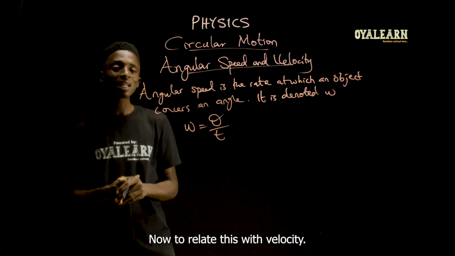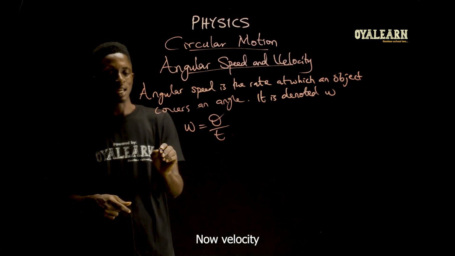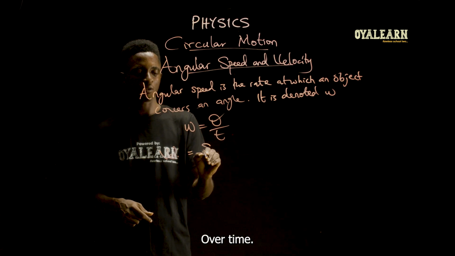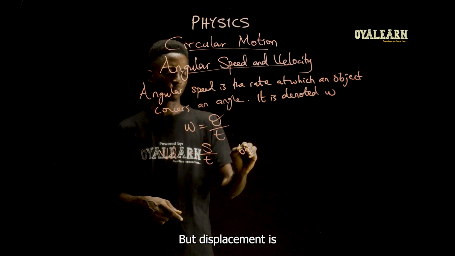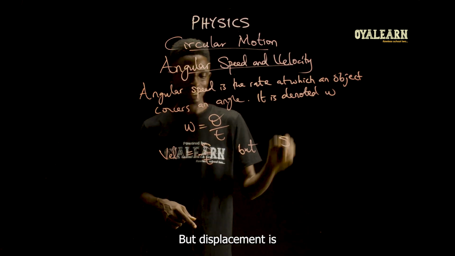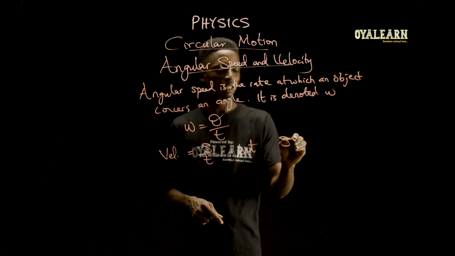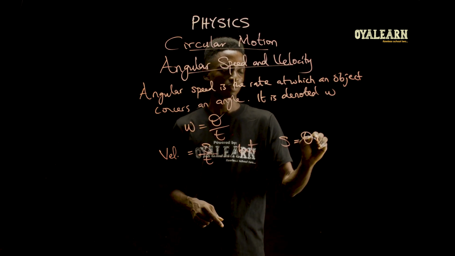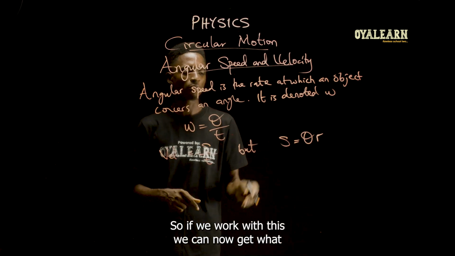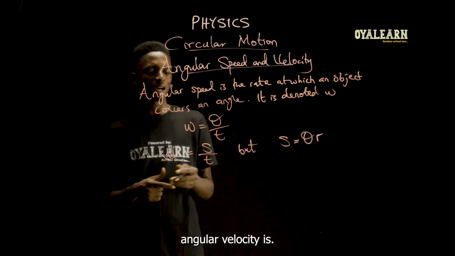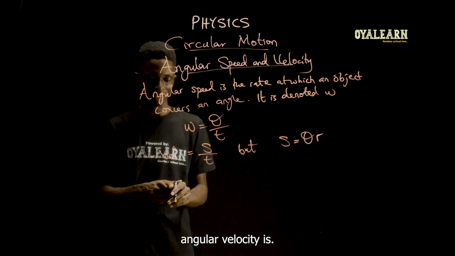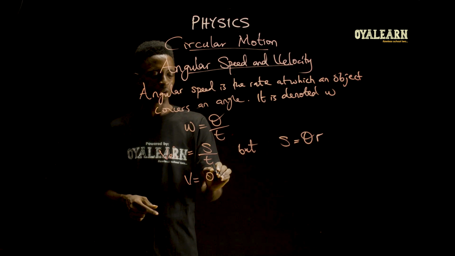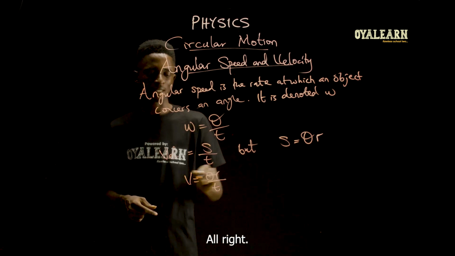Now, to relate this with velocity. Velocity is displacement s over time. But displacement s is the angle multiplied by the radius, right? So if we work with this, we can now get what angular velocity is. So angular velocity can then be written as theta r over t.